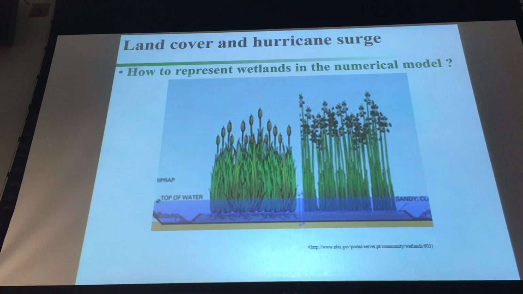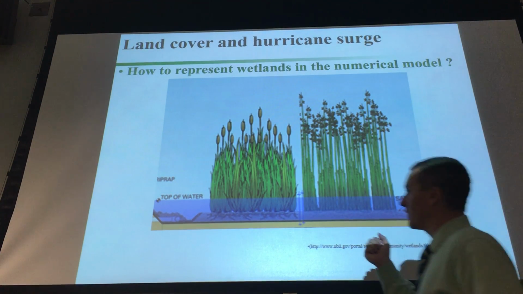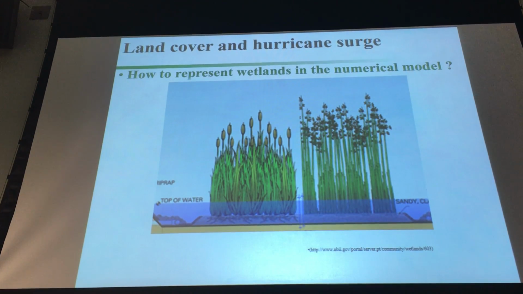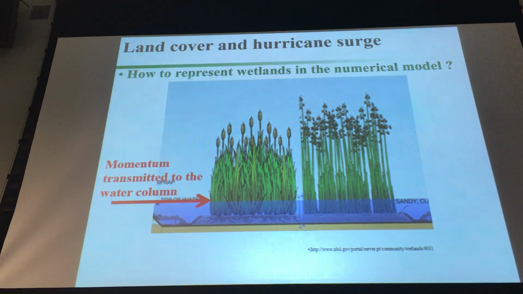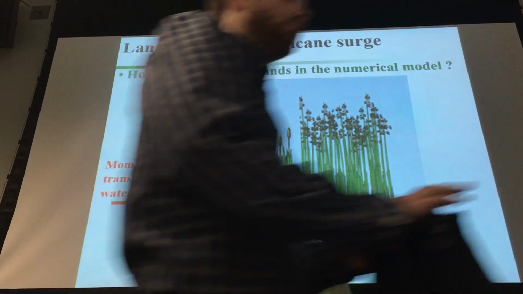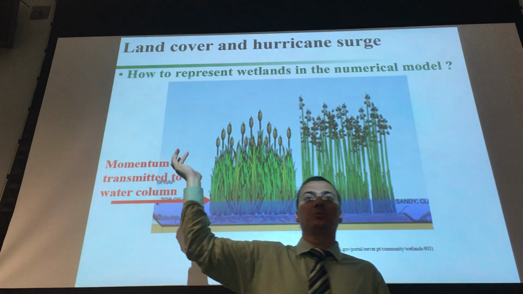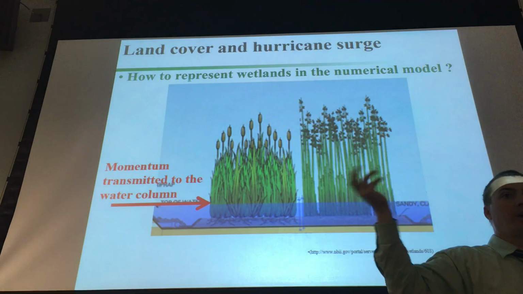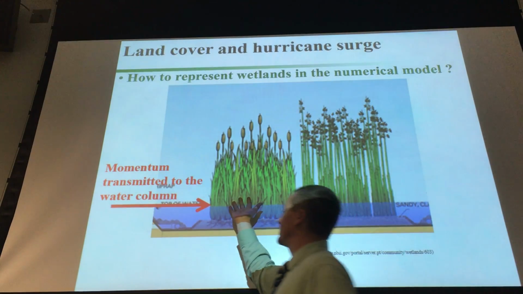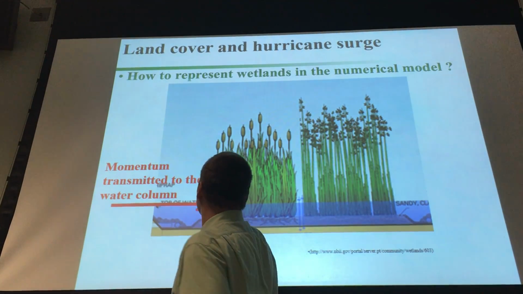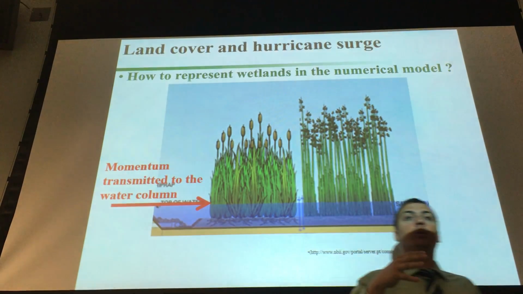If we go back to our first class, and think of a very schematic thing here, flow over vegetation or any other obstacle, there's going to be an impact to the amount of momentum that gets transmitted to the water column from the wind. Remember, wind was one of our major forces. Now if there's vegetation, or a building, or something that does not allow the wind vector to move the water, we wanted to account for that.